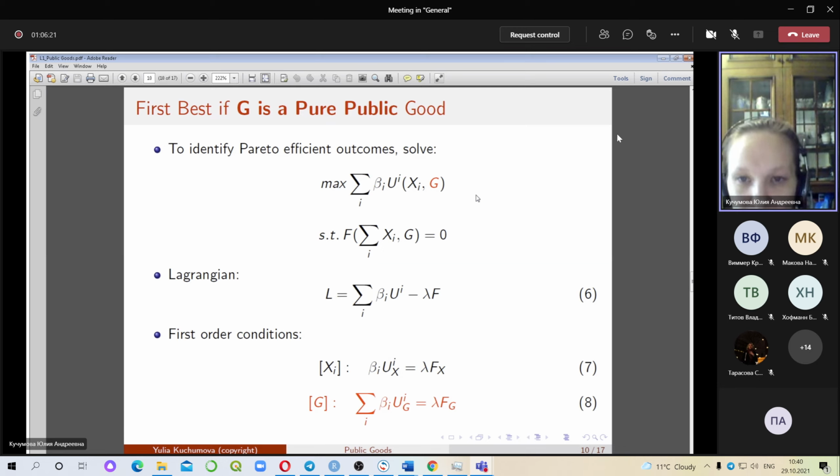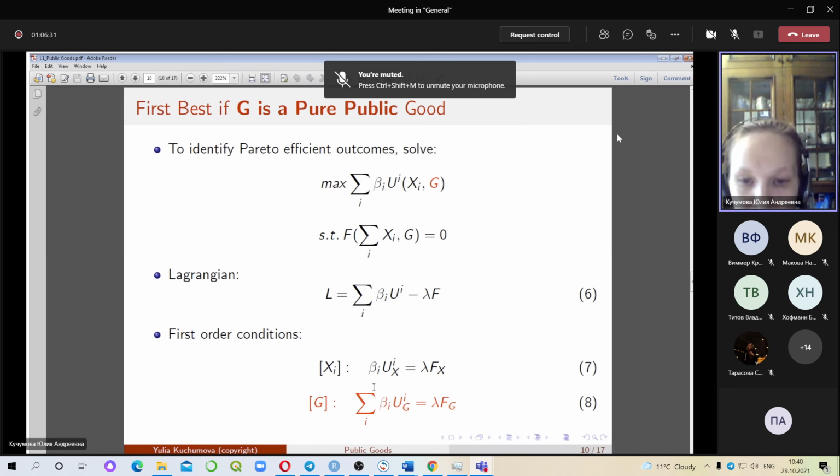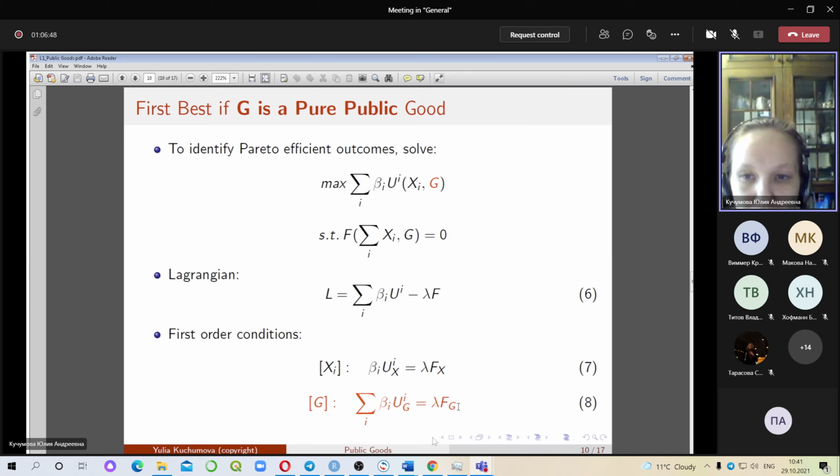Therefore, when we take the derivative with respect to g, we need to take the derivative of the utility of each consumer, and therefore we have a sum here. We sum over all consumers of beta_i u_i sub g equals the Lagrange multiplier lambda times the derivative of f with respect to g. Clear?